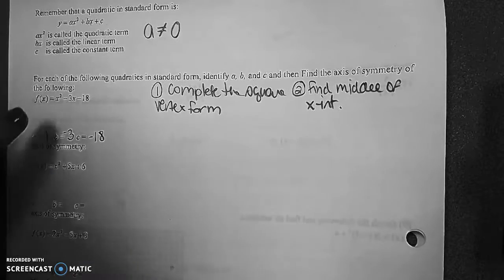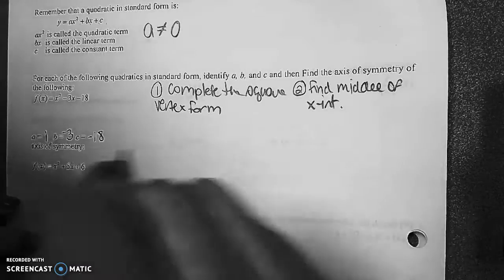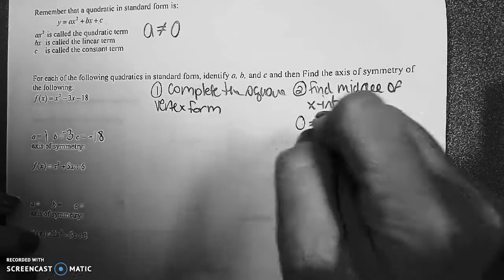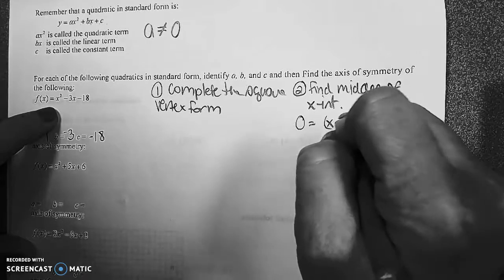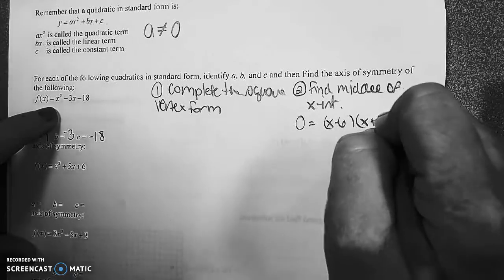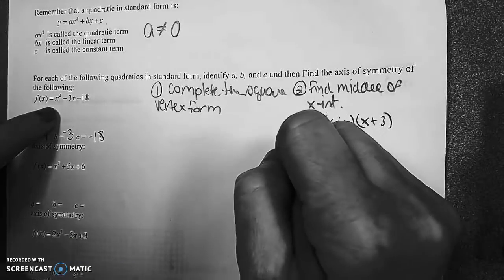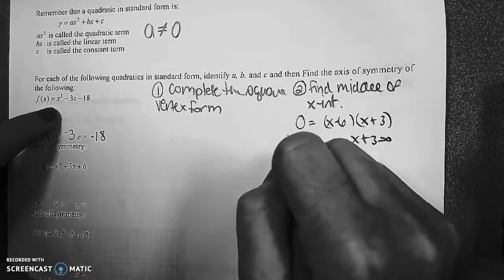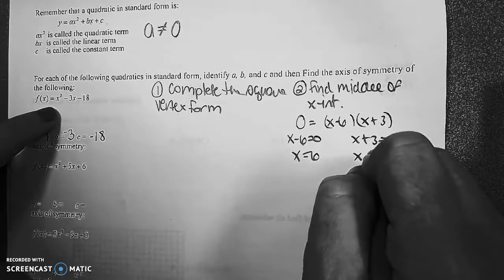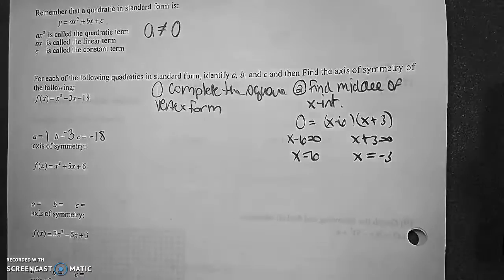As I think about problem number 1, I'm going to first test out to see if this factors. This should factor into x minus 6 and x plus 3. I use zero product property and set each factor equal to 0, and I get x equals 6 and x equals -3.